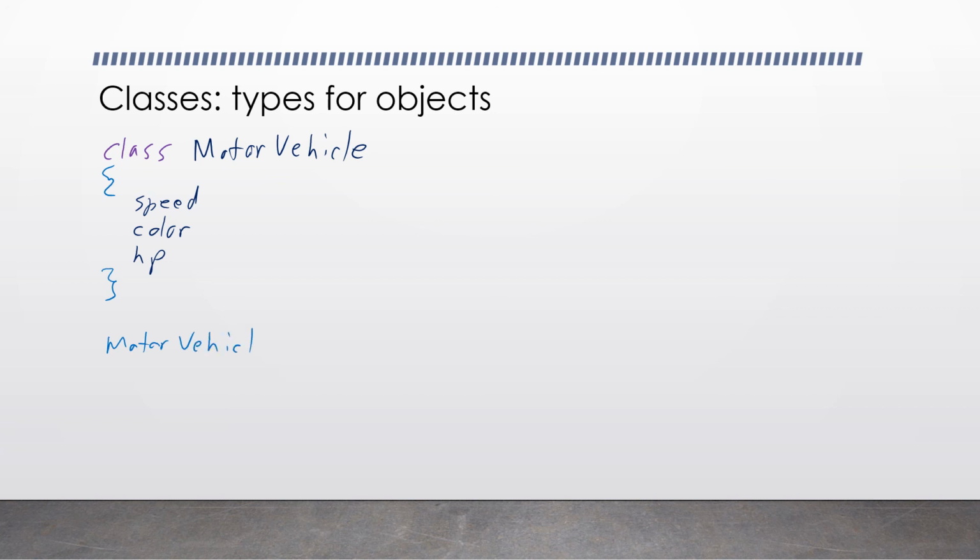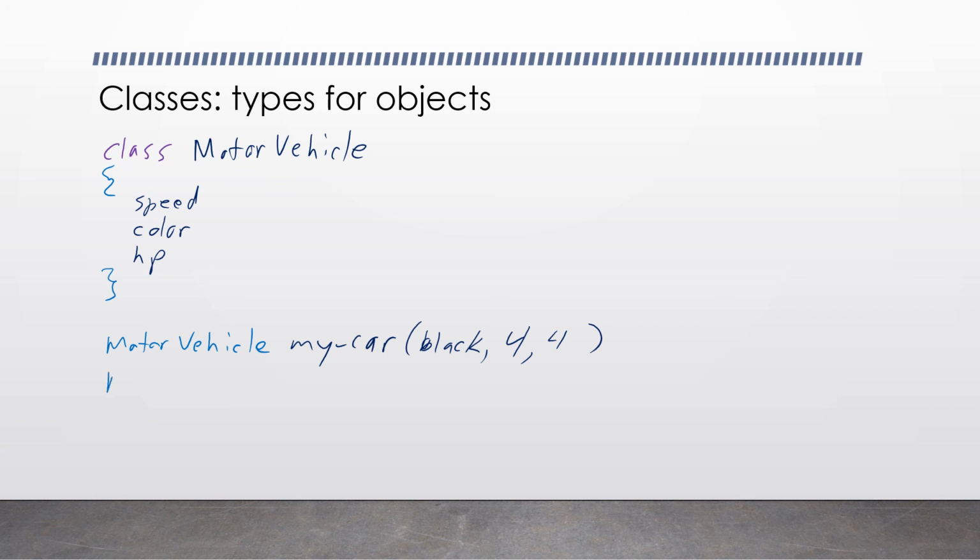motor vehicle my car and define it with all the variables like my car is black, it has a 4-cylinder engine, has 4 doors, whatever properties this motor vehicle needs to set up.